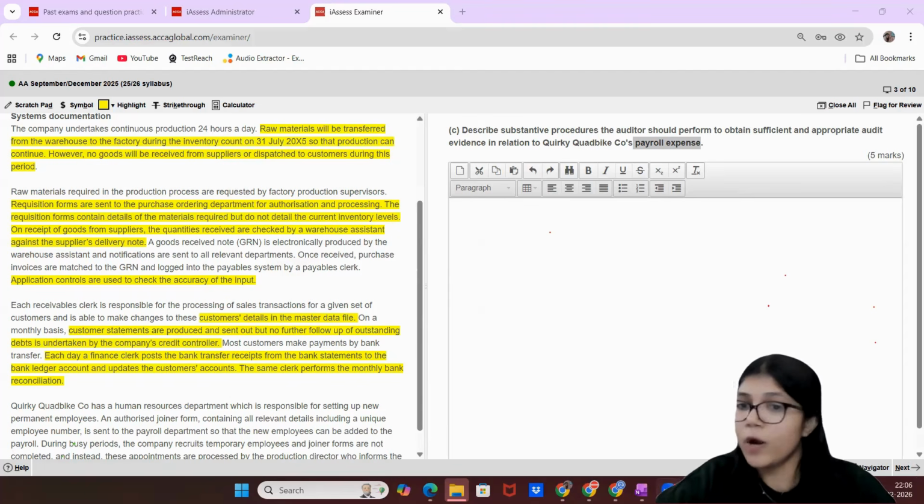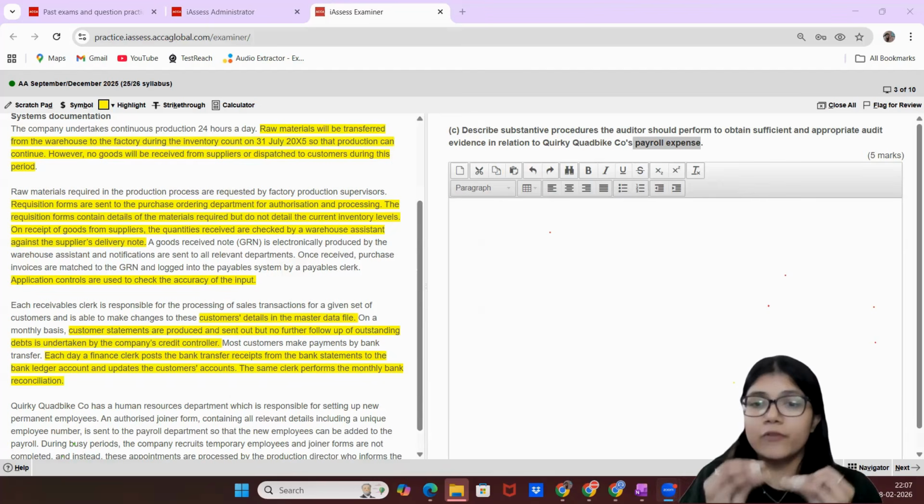Why? Because the question says in relation to Q company's payroll expense. They are not talking about general payroll expense. They are talking about Quirky Quadbike's payroll expense. So please make sure, in this case scenario also, there's very little information given to us about the payroll. Whatever information is given to us, at least use that completely and then write the general ones.